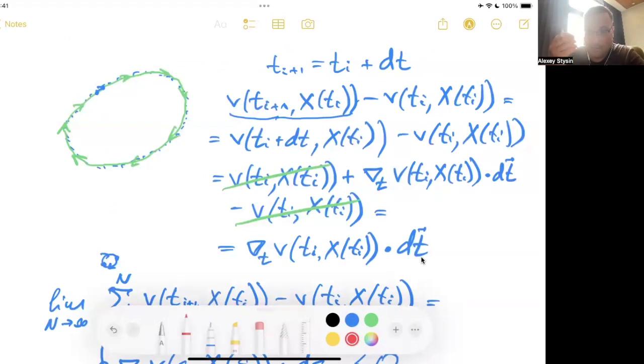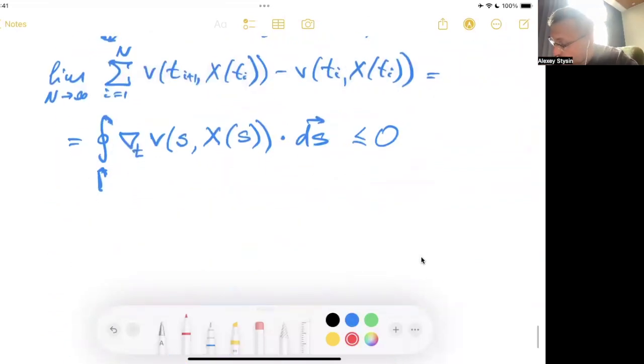The only thing that is going to be different is the direction, right? So by reversing this curve, we are going to get an integral. So let's call this integral j, equals j of gamma.